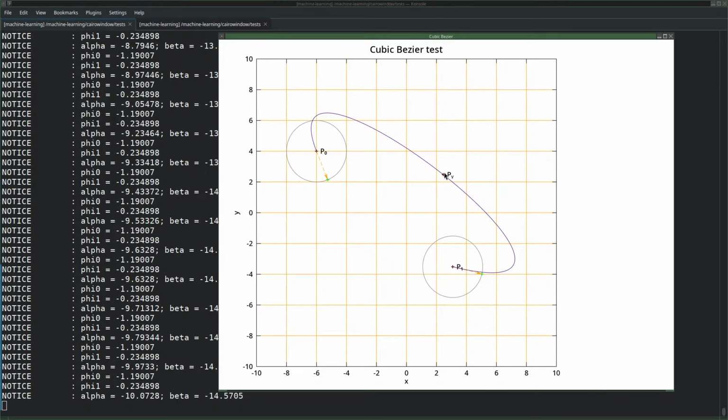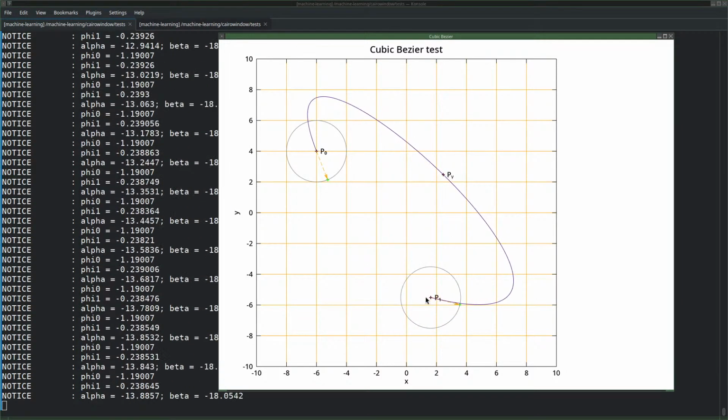Now, the next step is, so now we have the parameterized points.